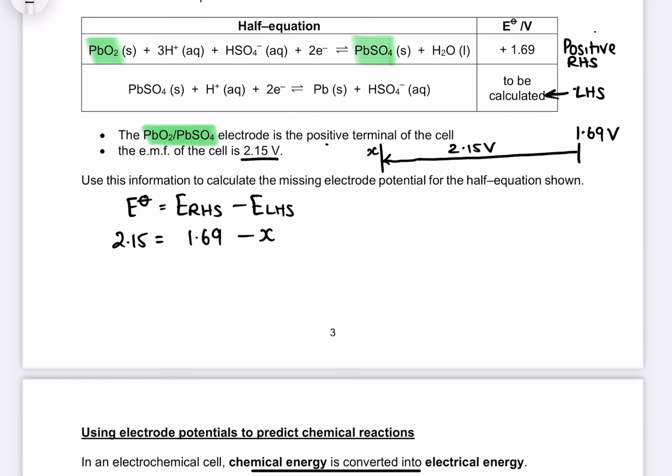So we're going to add x to both sides, get 2.15 plus x equals 1.69, then we're going to subtract 2.15 from each side, and we'll get what x equals. Or we could have figured that out from our diagram. We were subtracting 2.15 from 1.69, and we're getting minus 0.46 volts.